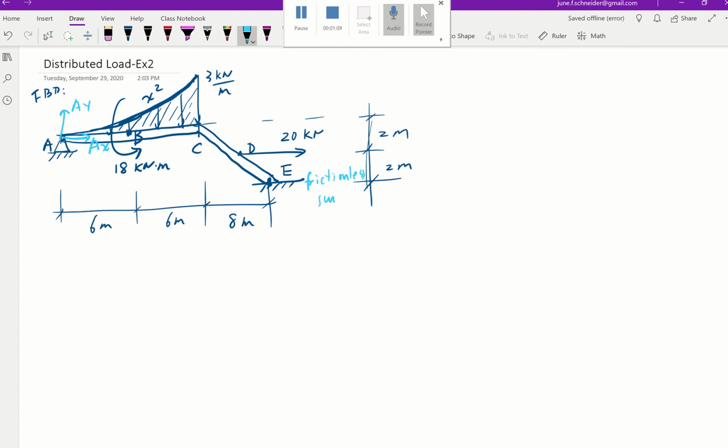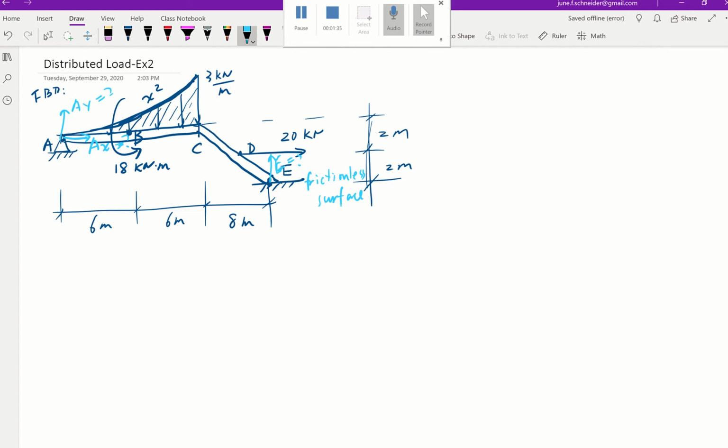What does that mean? It means it can move freely horizontally. So the only force we have is at the Y direction. So we call that E, okay, get rid of the subscript, EY. Those are the three unknowns you are solving. Again, the goal for this problem is trying to find those support reactions. You're finding AX, AY, and E.